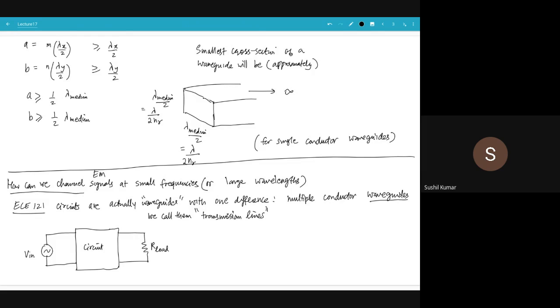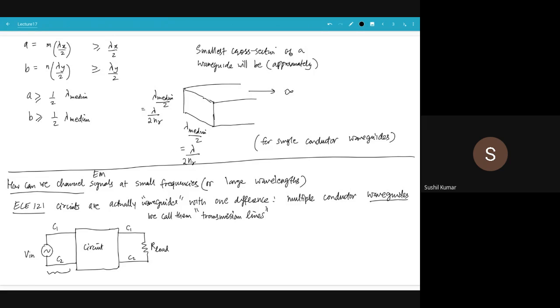Wire 1, wire 2. These are multiple. So this is a waveguide, and this is not a single metal wire. There is a discontinuity there, and there is a discontinuity there. They are not connected together, though they are at the same potential. This is conductor 1, C1. This is conductor 2, C2. We can call this C1, C2 also, or C3, C4.